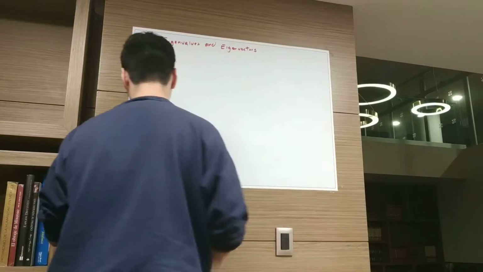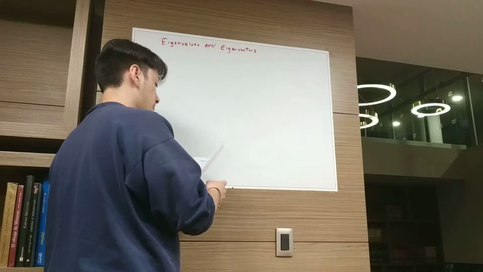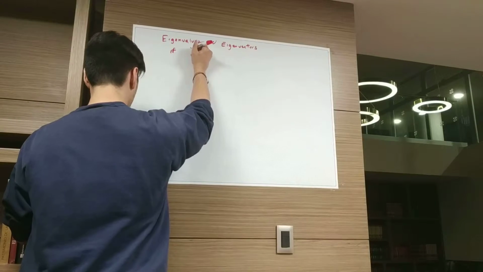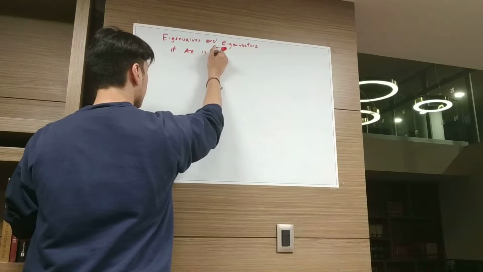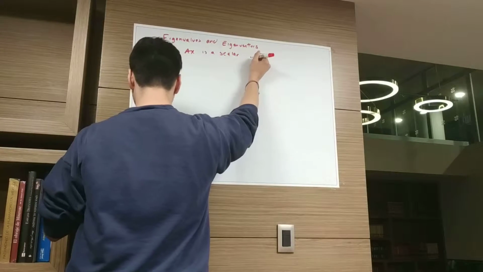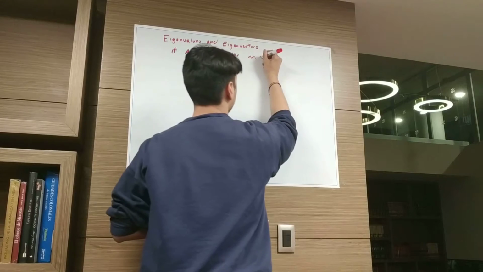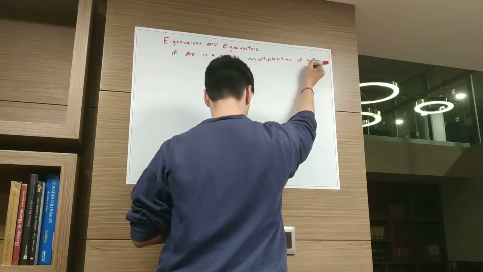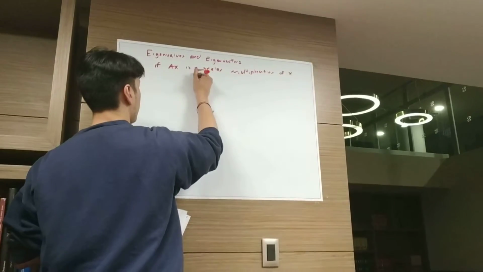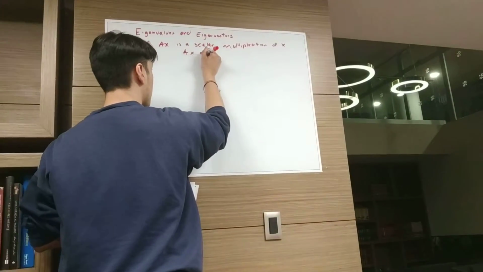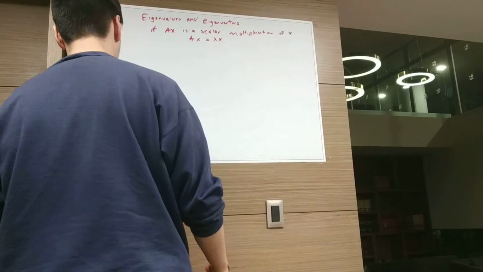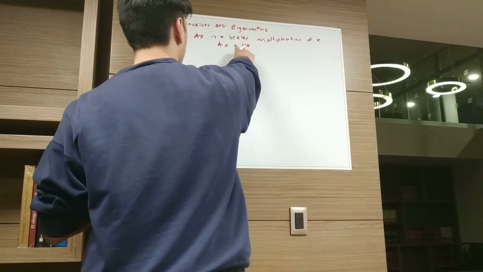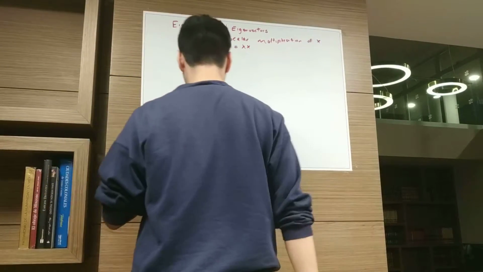So, the main definition of eigenvalue is: if Ax equals a scalar multiplication of x, that is, Ax = λx, then the scalar λ is called an eigenvalue of A, and x is the corresponding eigenvector.